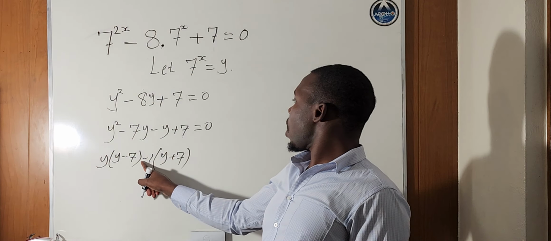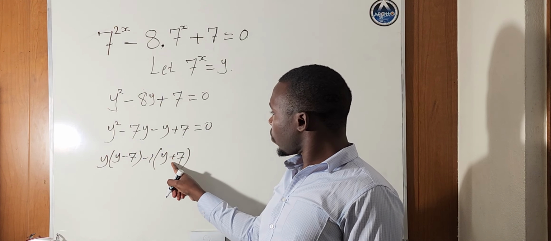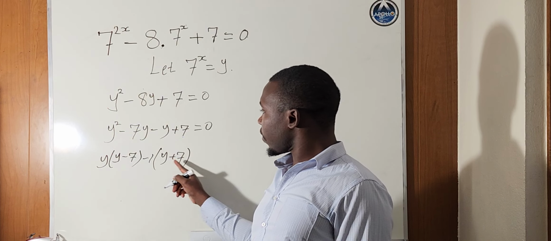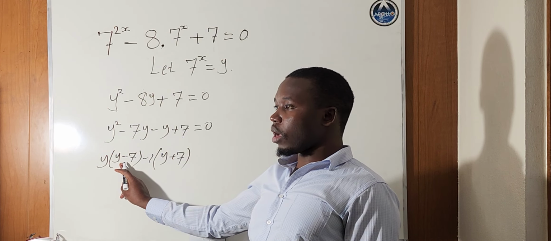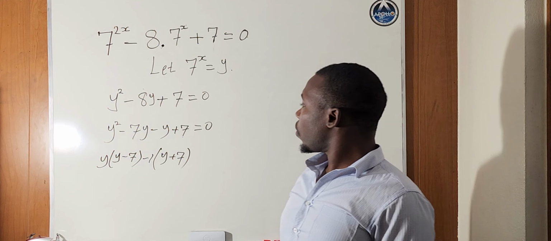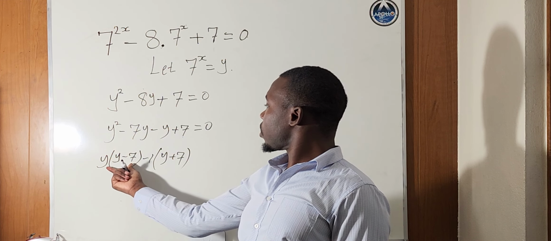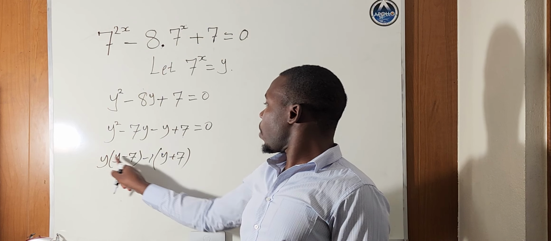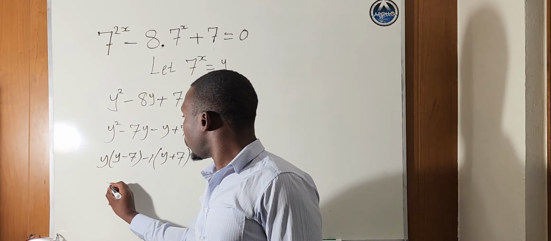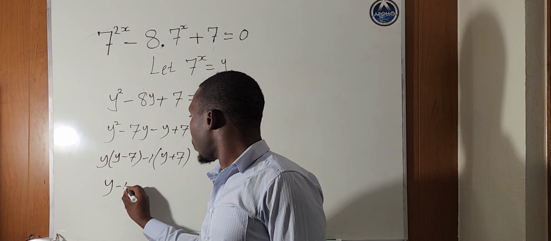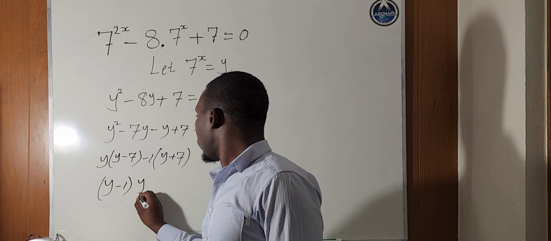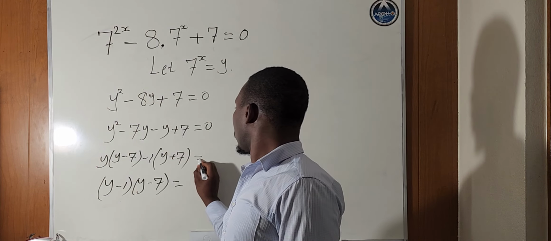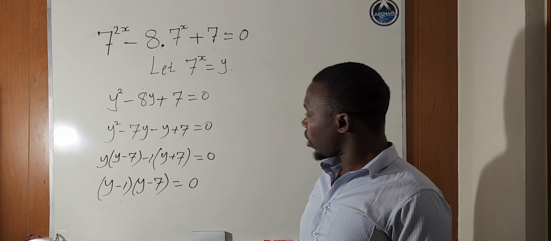If you take y minus 1 and open the bracket with this, it will give you y minus 7, which will be the same as y minus 7 right here. So we will take one term of y minus 7 and the term of y minus 1 here. So we'll have y minus 1 times y minus 7 equals 0.